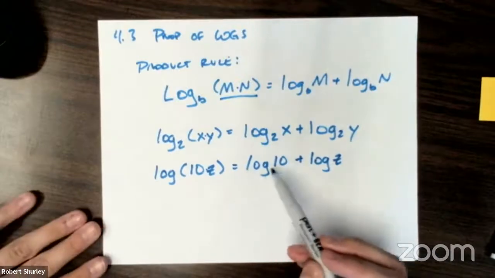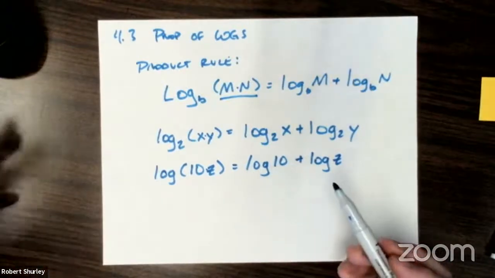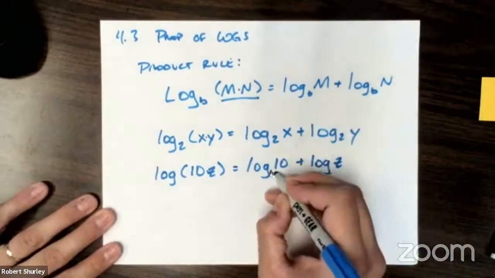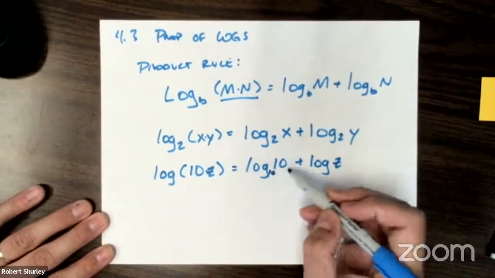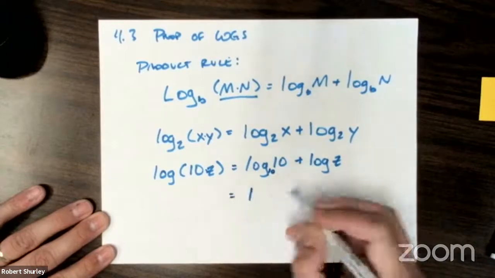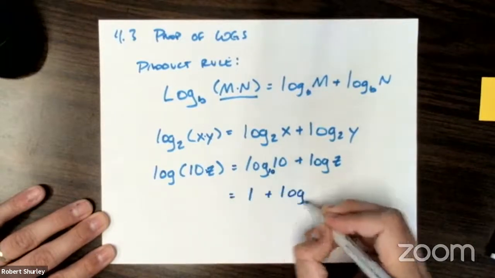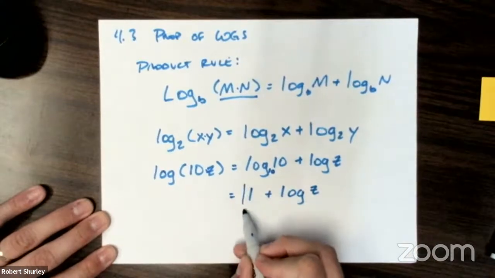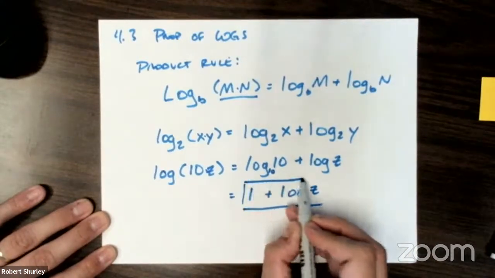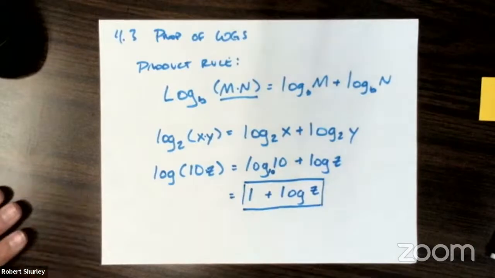Now remember, if the log's by itself, it's a base 10. So I'm going to write that right here. And the basic rule said, look, if these matched, this whole thing just went to 1. So it's 1 plus log of z. So this would be expanded and simplified.